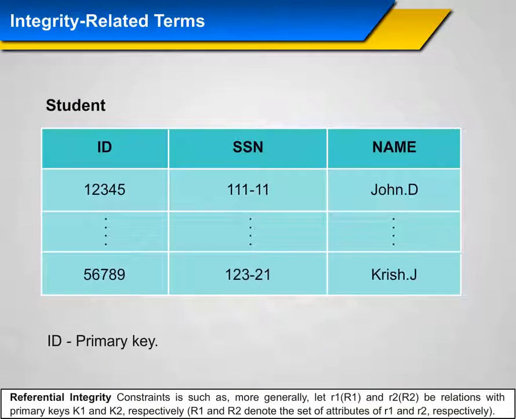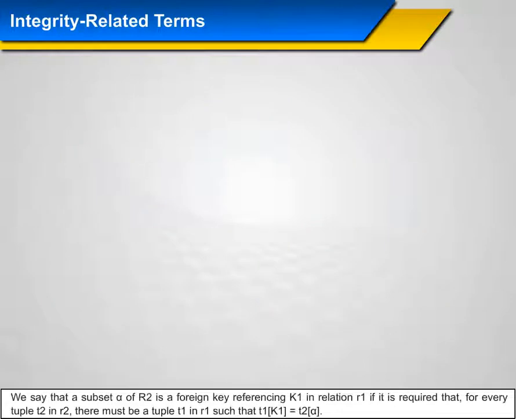Referential integrity constraint is such as, more generally, let R1 of R1 and R2 of R2 be relations with primary keys K1 and K2 respectively. R1 and R2 denote the set of attributes of R1 and R2 respectively.